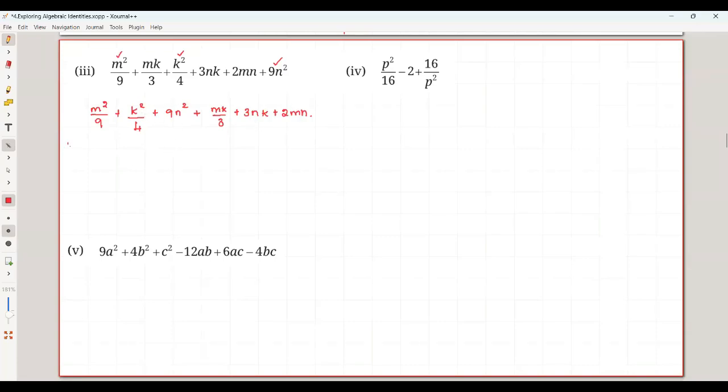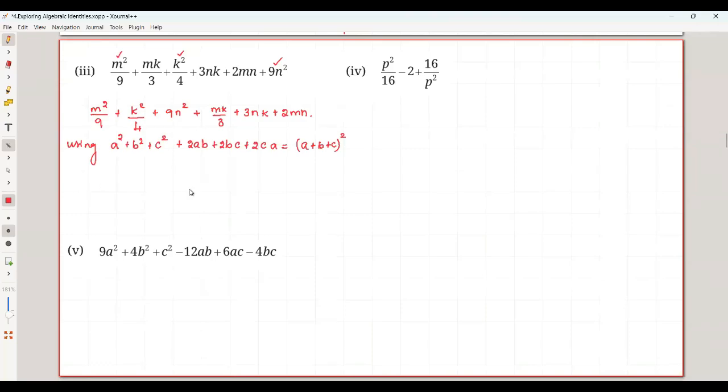This is given to us in the form of a square plus b square plus c square plus 2ab plus 2bc plus 2ca. This expanded form is given. You have to write the factor form. Factor form is (a plus b plus c) the whole square. From this I have to find out what is a, what is b, what is c.